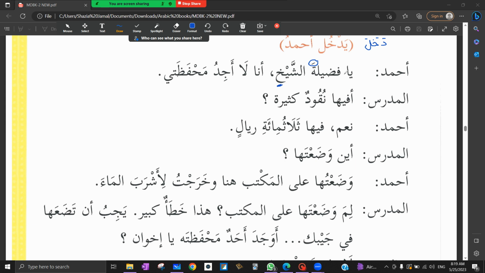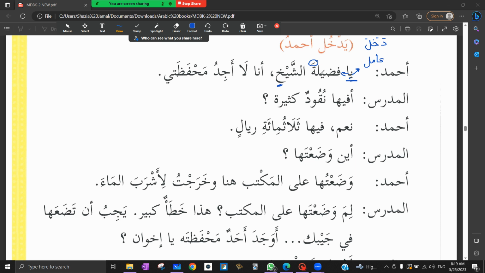This is because of the harf nida. The effect of harf nida. Now you can say this is the amil. In Arabic, you say the amil is what makes the changes on the coming noun. So this is called the amil in Arabic, that makes changes on the coming nouns.